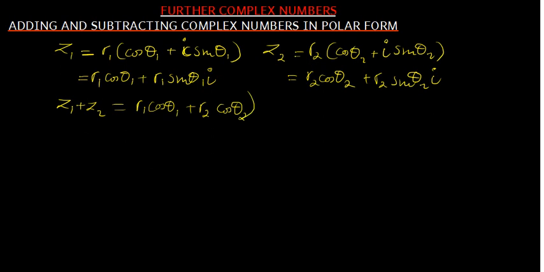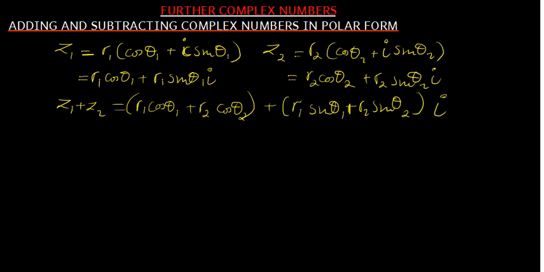So this is the real part. And then plus, now we go to the imaginary part, that is r1 sine theta 1 plus r2 sine theta 2. Because i is common, we are going to put the i outside because both of them are imaginary parts.